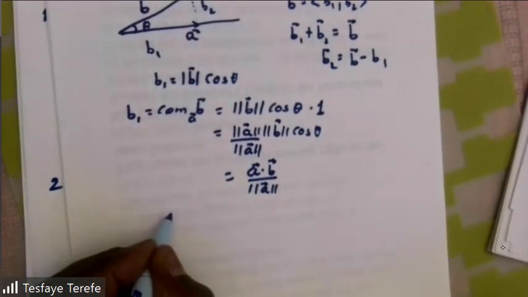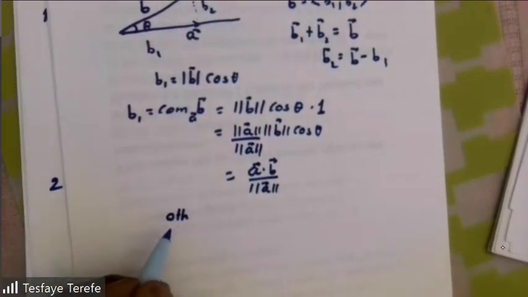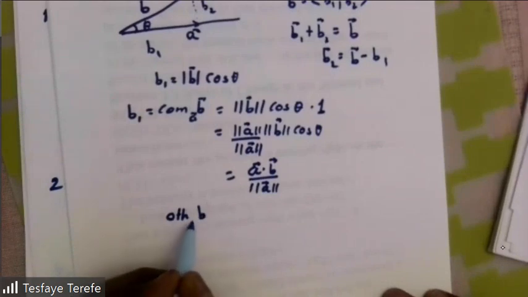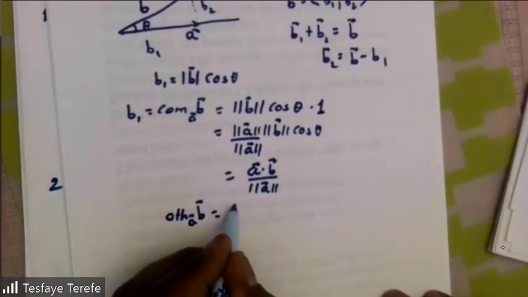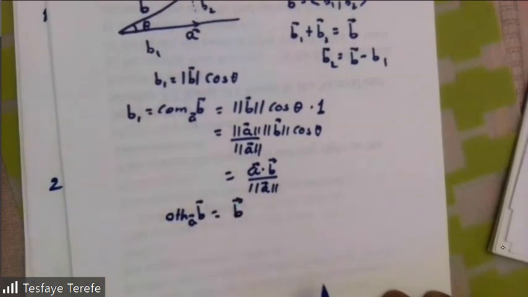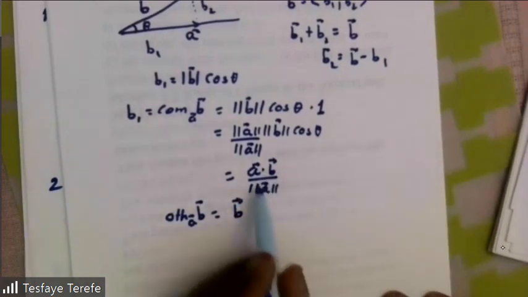So the orthogonal, because it is forming 90 degrees, orthogonal of B onto A is from vector B, I subtract B1, which is this.